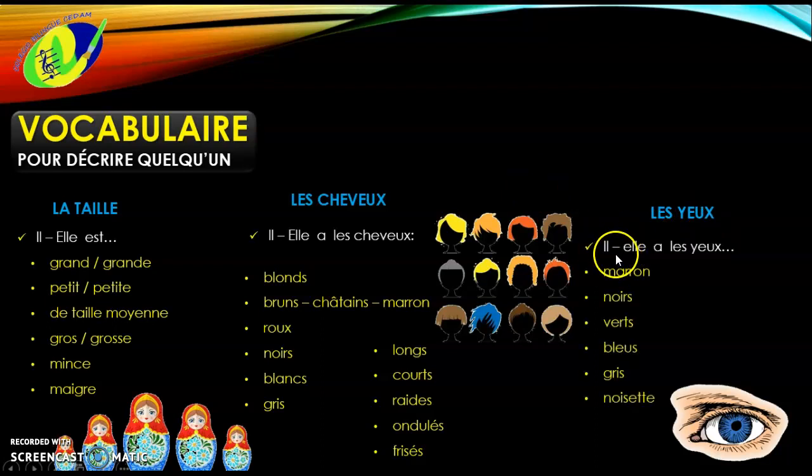And we start the phrase saying, il a les yeux, or elle a les yeux marron, noir, vert, bleu, gris, noisette. Noisette, it's like brown, but clear, like miel. Marron, noir, vert, bleu, gris, noisette. I can say here, for example, il a or elle a les yeux bleus, in this case.